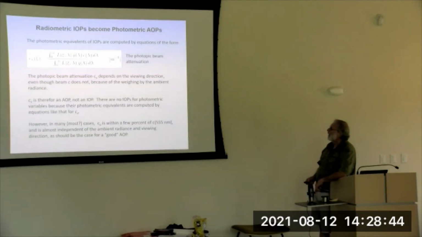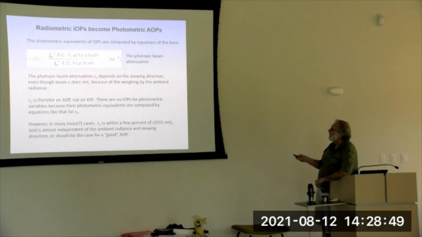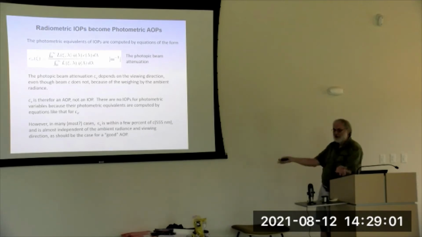Okay, enough said there. So for an IOP, like beam C, for example, you take your IOP, you weight it by the photopic luminosity function and by the radiance distribution of wherever you're measuring this. And then it's normalized by an integral of radiance over y bar.